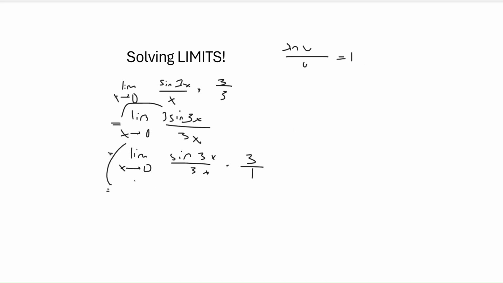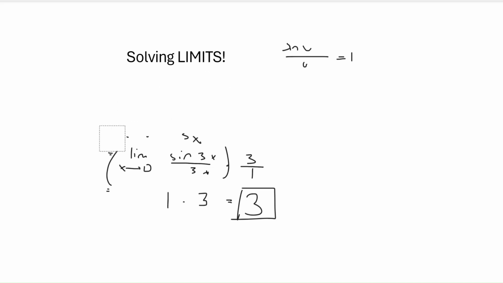So this whole thing here is 1, and then multiplied by 3 is just 3. So the answer is 3. And usually you can see the answer, for sines especially, if you just look at the number in it. But to show your work, this is how you would do it.